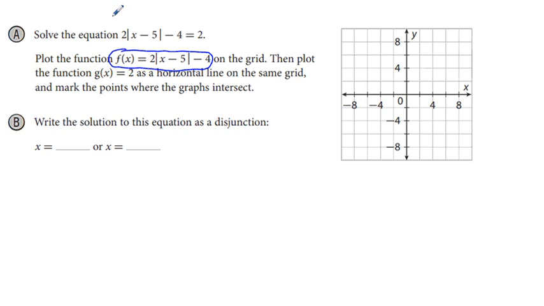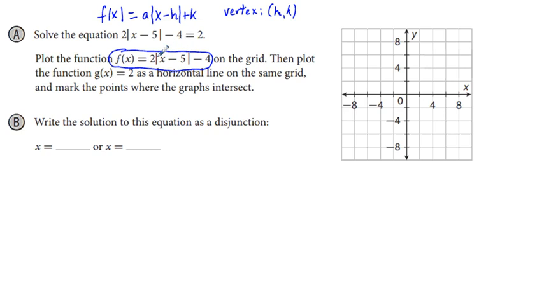The standard form of an absolute value equation is f(x) equals a times the absolute value of quantity x minus h, plus k. And so our vertex is the coordinate pair (h, k).